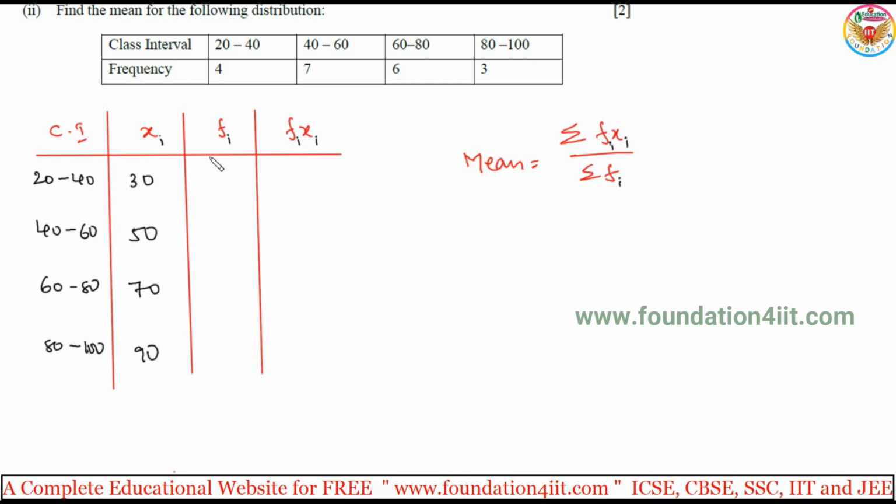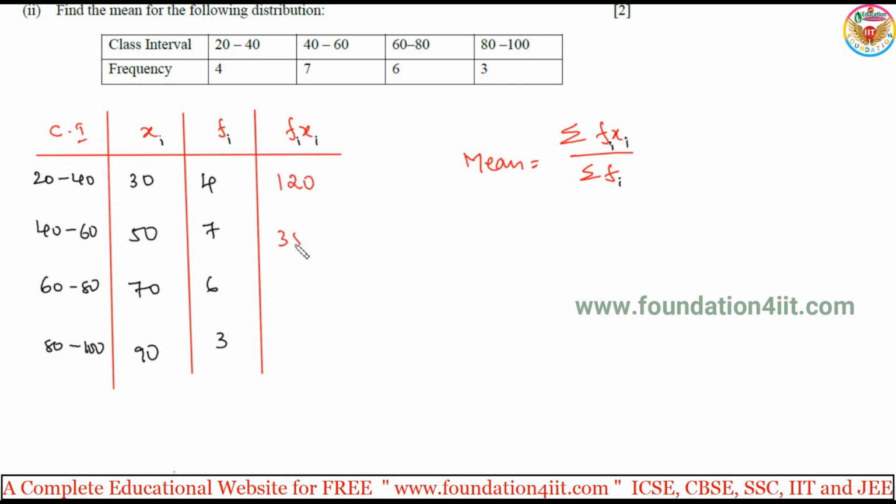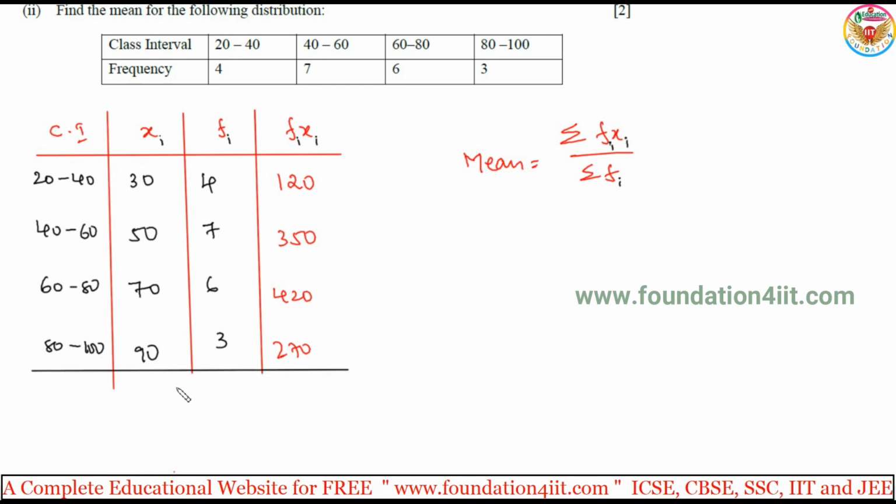F is the frequency given in the question: 4, 7, 6, 3. For fi xi multiplication: 30 times 4 is 120, 50 times 7 is 350, 70 times 6 is 420, 90 times 3 is 270. Now I can do the addition of these. So here we need sigma fi, the addition of the fi column, and sigma fi xi.